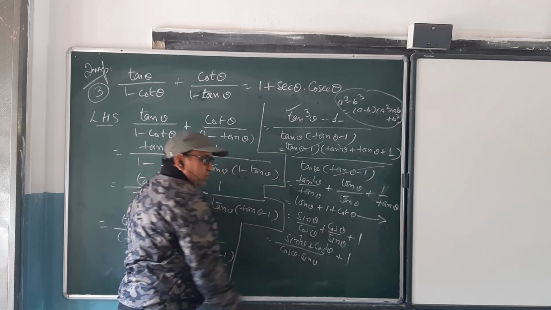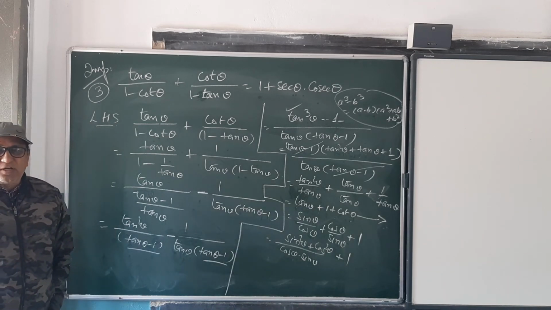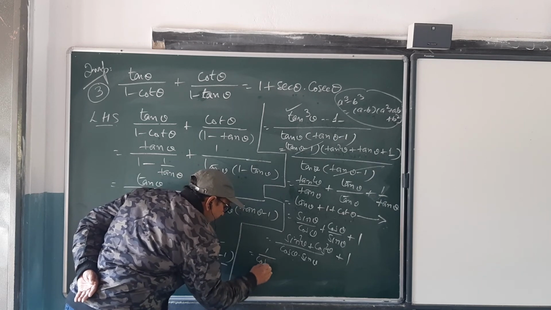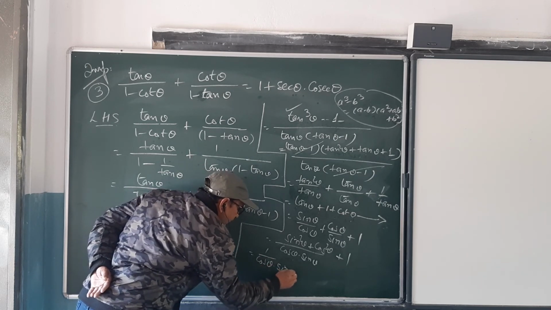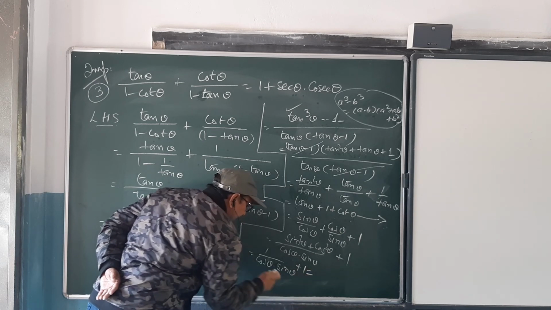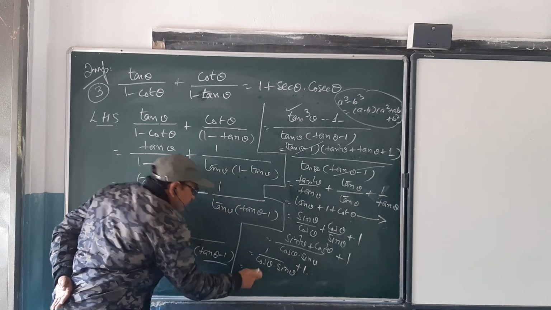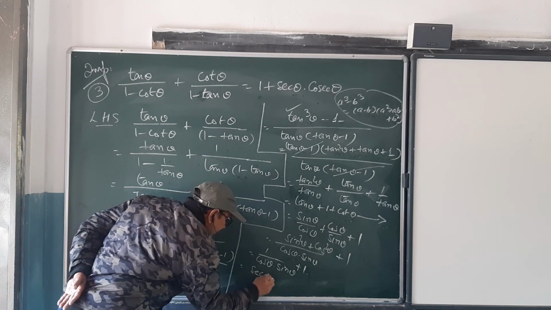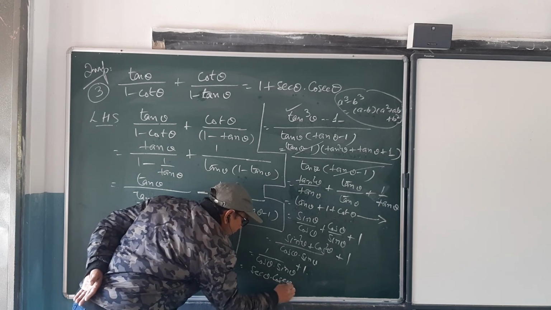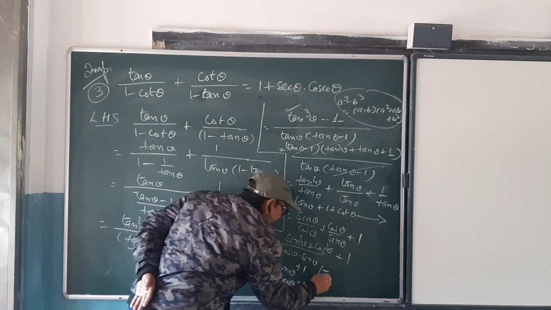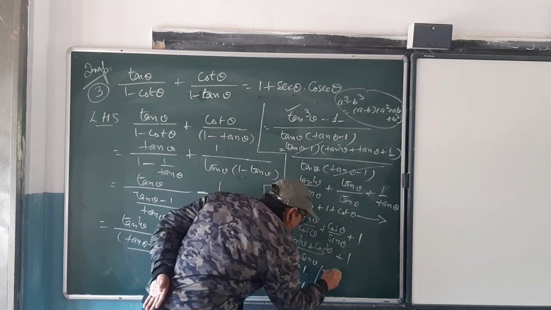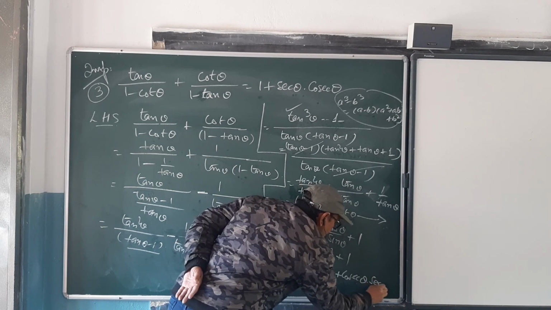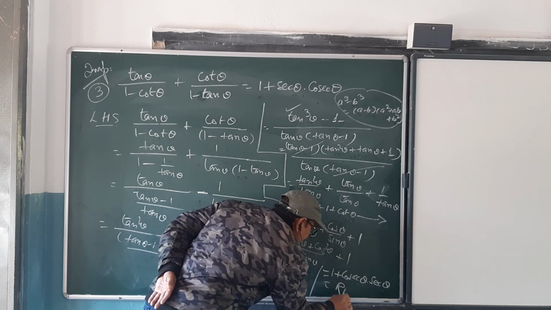As you know, sin square theta plus cos square theta is 1. So 1 upon cos theta into sin theta plus 1. It can be written as 1 upon cos meaning sec theta, and 1 upon sin meaning cosec theta: sec theta into cosec theta plus 1, that is 1 plus cosec theta into sec theta, which is the RHS.